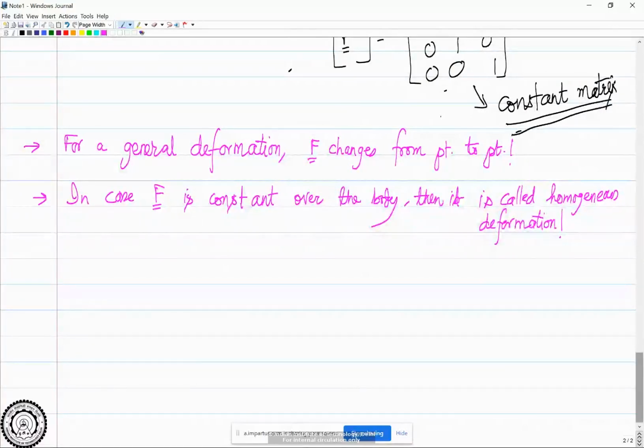Now, our goal was, you can recall, to find out the stretching in a line element so that we can know the longitudinal strain at a point, or how much is the shear at a point, how much is the volumetric strain at a point. So we wanted to know the answer to these questions for a general finite deformation. Okay, so let us try to explore that question.